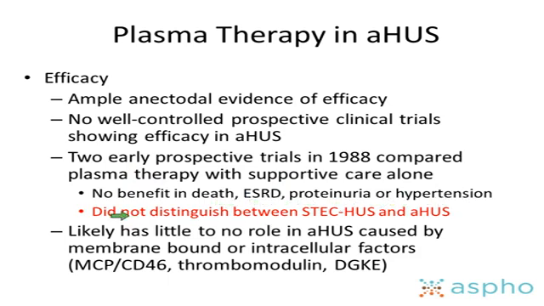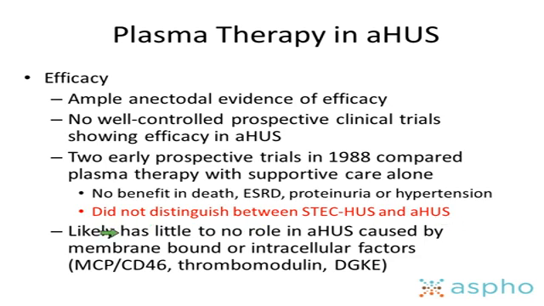But it is important to point out that in these two trials, there was no effort made to distinguish between Shiga toxin-associated HUS and atypical HUS. We can predict that the vast majority of patients in these trials had Shiga toxin HUS and not atypical HUS, so it may be hard to glean an understanding from this data.